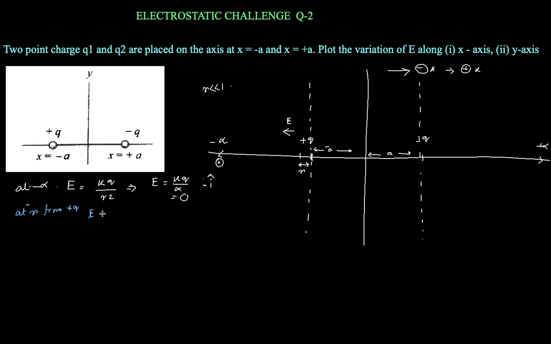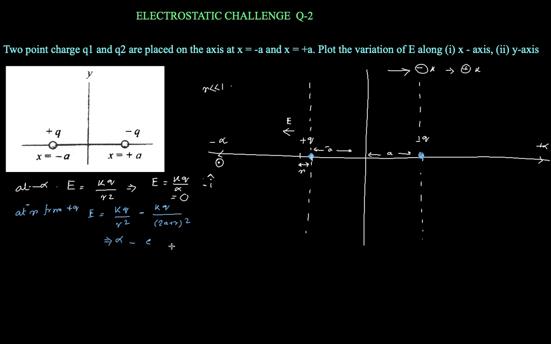So E is equal to, due to this charge and due to this charge, k q by r square minus k q by 2a plus r, whole square. Now this r tends to 0. That means this part is infinite minus some value, which you can say is a constant.